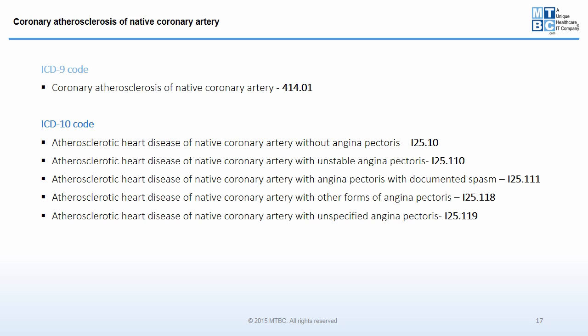We have to know if it is stable or unstable, with documented spasm, any other angina, or unspecified angina. If it just says CAD with angina, we have to use the unspecified. If it doesn't have angina, you should put no angina, or without angina, in the documentation so that we can use I25.10. Again, more detail.